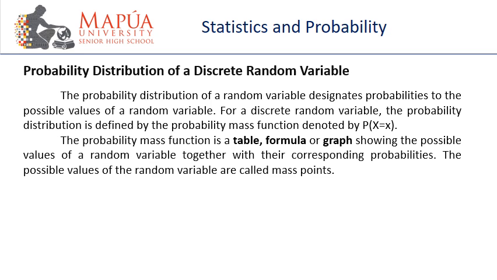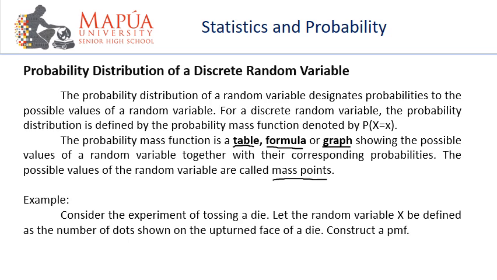The probability mass function is a table, formula, or graph showing the possible values of a random variable together with their corresponding probabilities. The possible values of the random variable are called mass points, as discussed earlier.